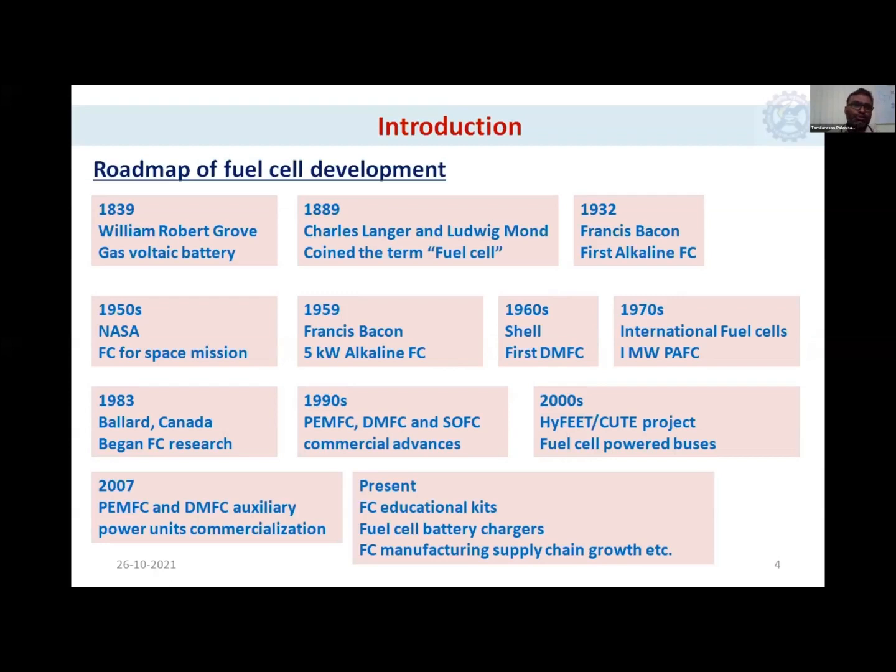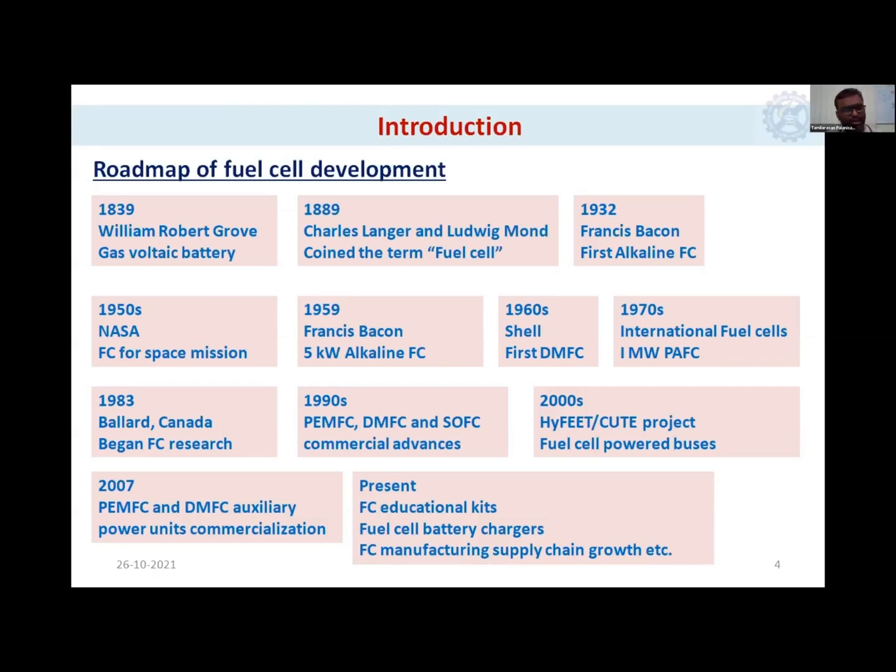They took alcohol as a source of hydrogen. And in the 1970s, phosphoric acid fuel cells were developed. Those are the very initial development of cation exchange fuel cells. The alkaline fuel cells are anion exchange fuel cells. You'll understand all these differences in the subsequent slides.